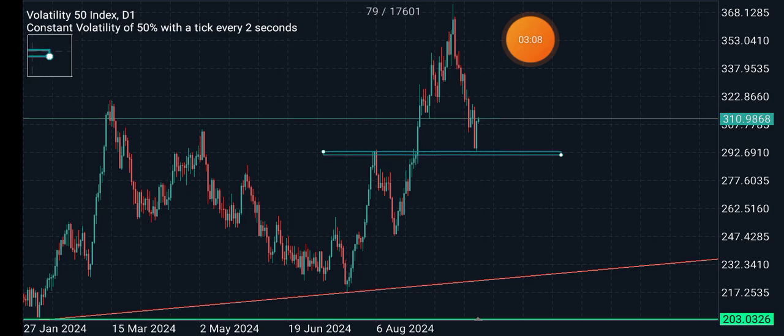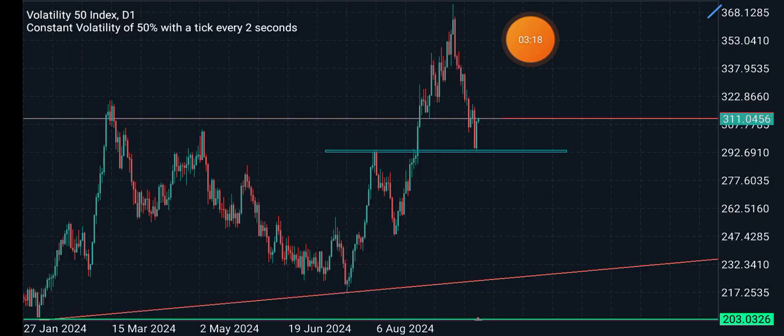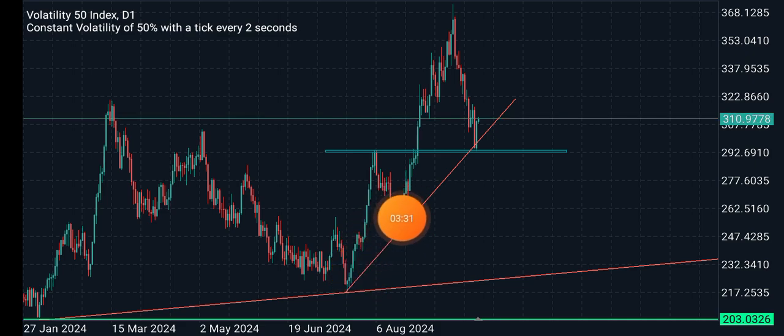This is my flip zone. If I were to mark that out, this is my flip zone. And then this is my trend line too. Now, like I used to do, I mark out the last two higher lows that were formed, and then wait for the third one to come.